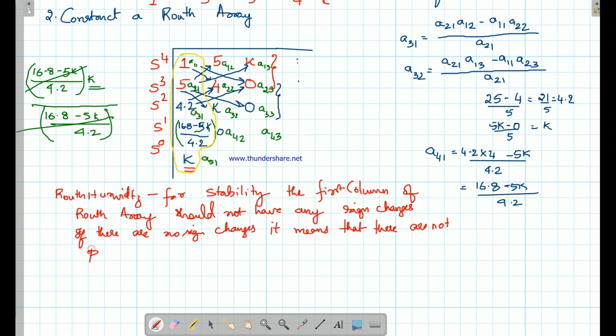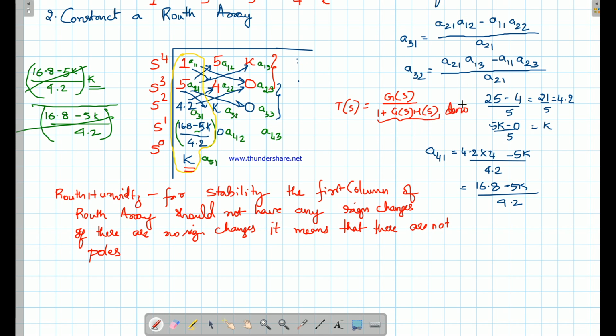We normally consider these as poles because the characteristic equation we find comes from the closed loop transfer function. For example, D of s will be equal to G of s divided by 1 plus G of s into H of s. This 1 plus G of s into H of s is the characteristic equation, and it falls in the denominator.